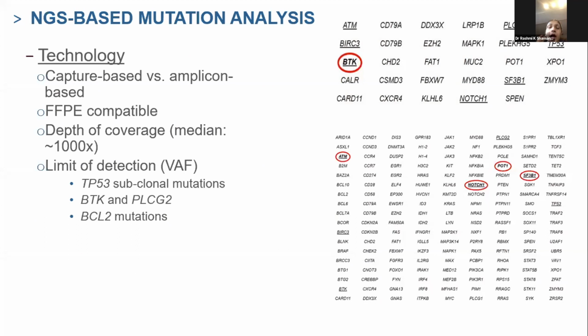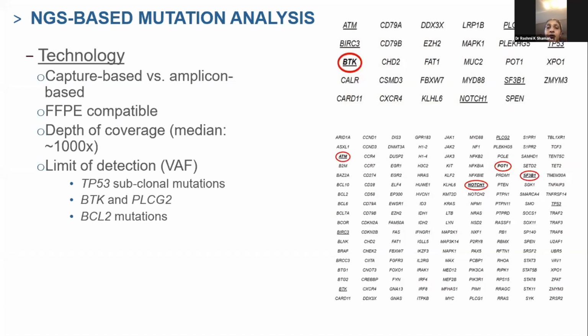The third important aspect is the technology. There are amplicon-based NGS panels and capture-based panels, two different broad types. The amplicon-based panels are mostly PCR-based, and can result in false amplifications of certain mutations. So we cannot go down to, say, a 5% or 2% cutoff, and false artifactual mutations can pop up.